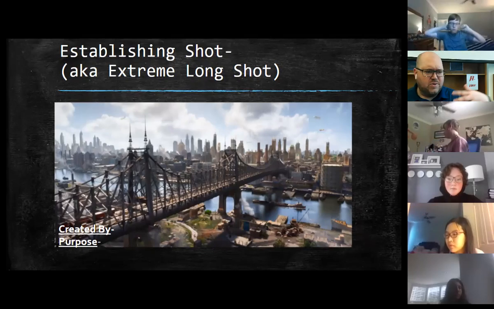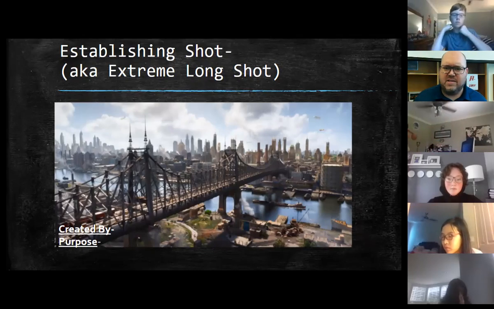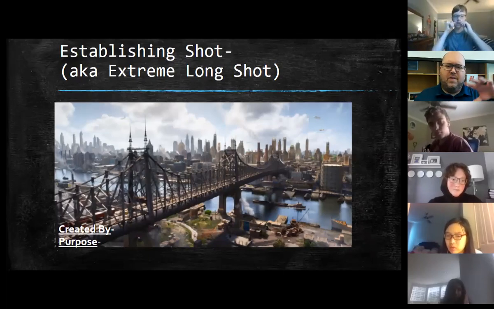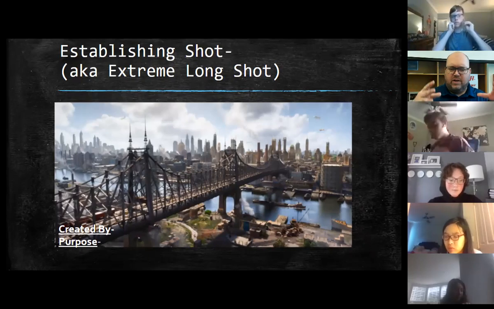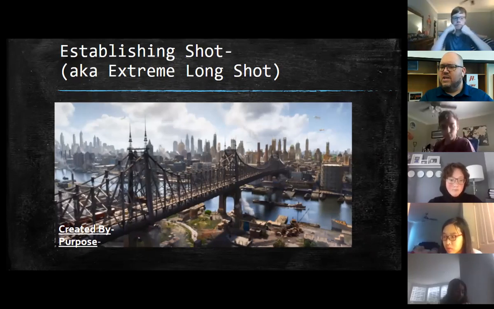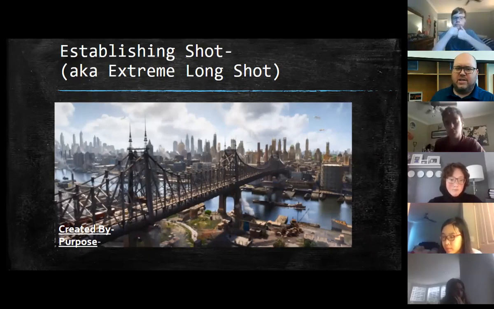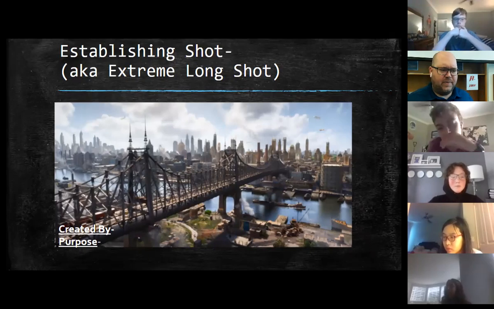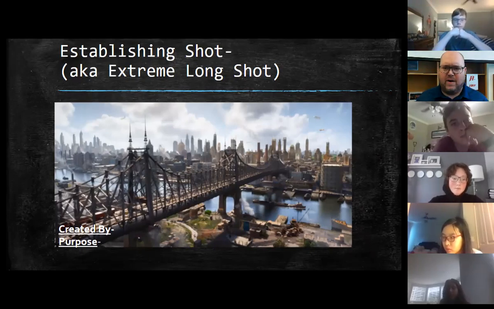I can also tell by the skyline that this is 1920s, 1930s New York City. Even though it doesn't come right out and tell you that this scene takes place in late 1920s, early 1930s New York City, by looking at the information that the photograph or the video is showing, I can gain that information.